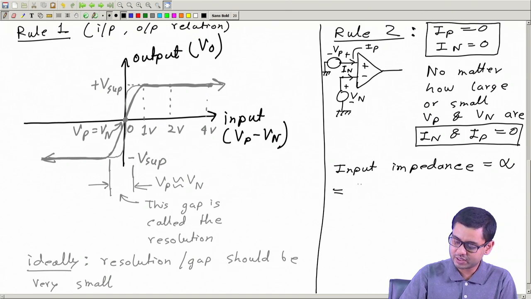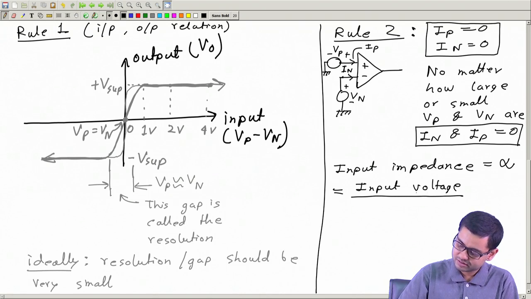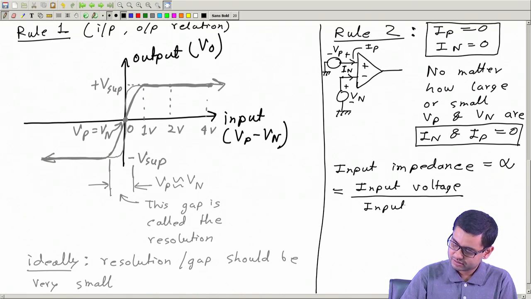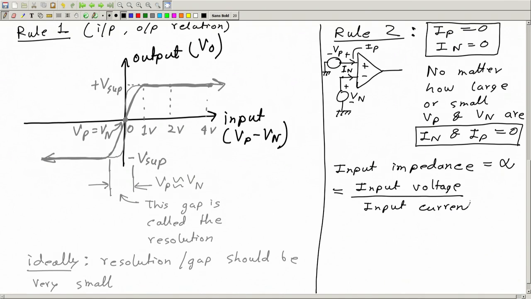Input impedance is nothing but the ratio of input voltage by input current, which is Vn divided by In for the negative terminal, or Vp by Ip for the positive terminal.